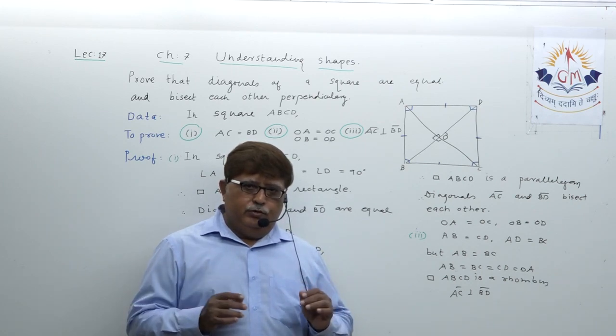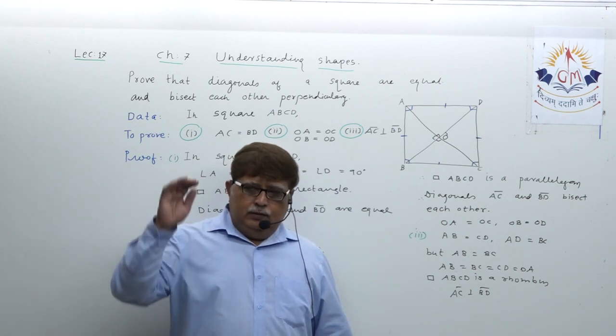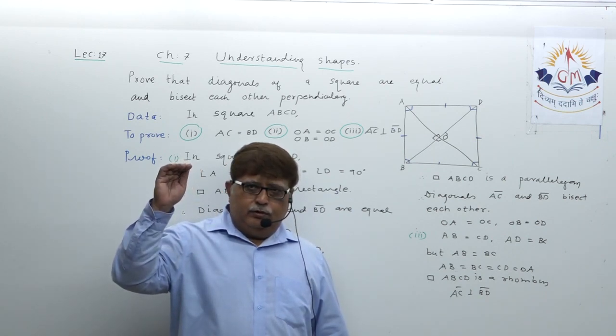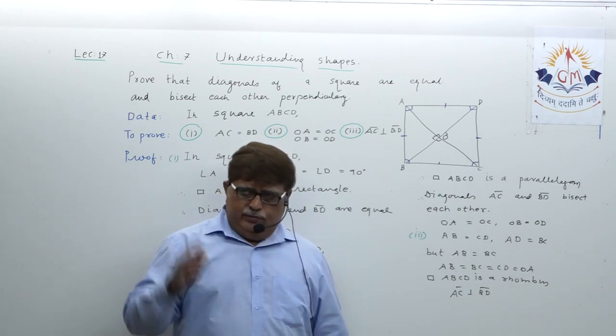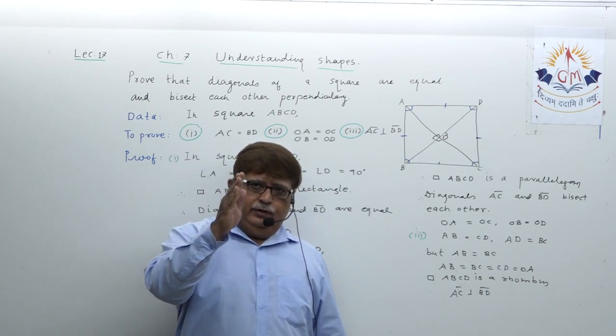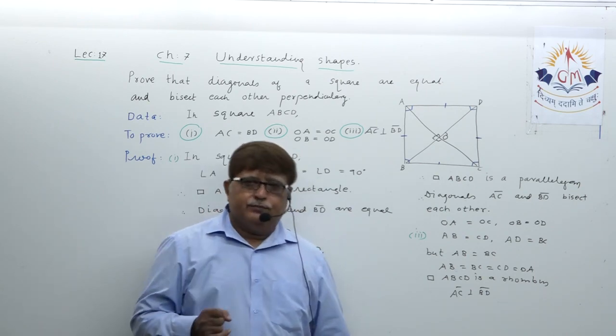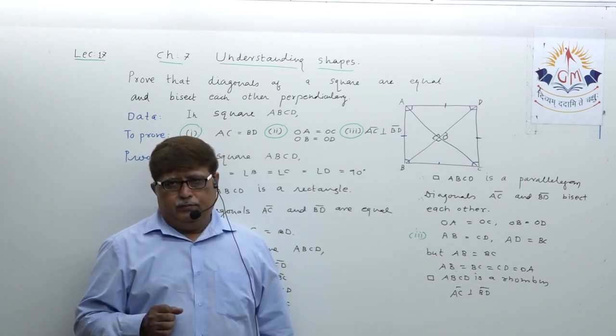List out in your book column wise the properties of all quadrilaterals we discussed in this chapter: parallelogram, rectangle, rhombus, square.